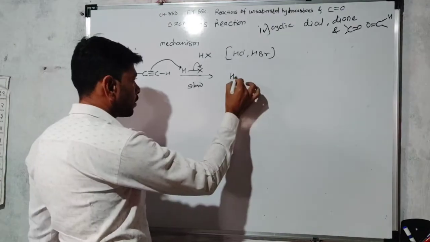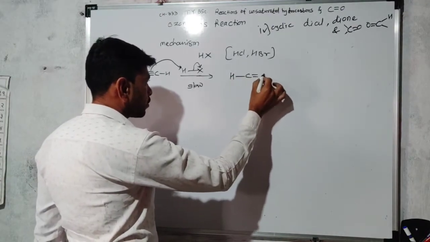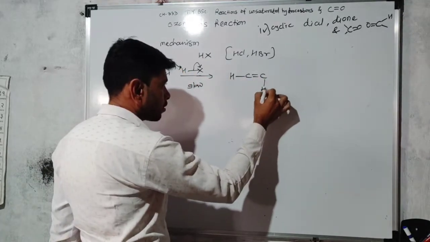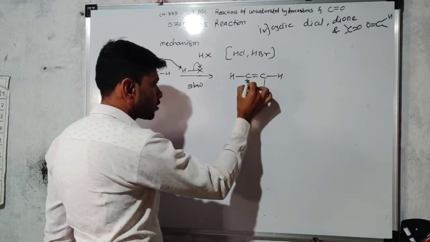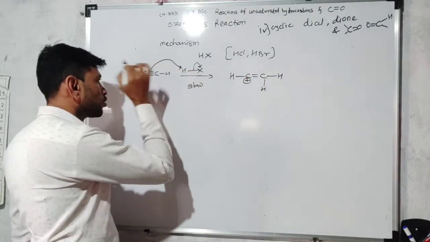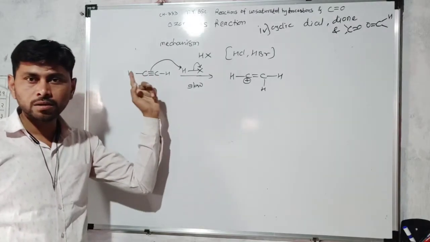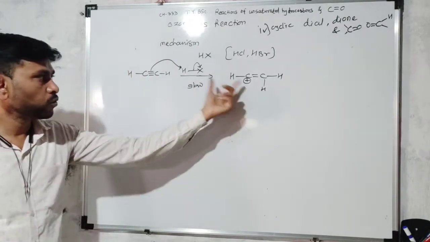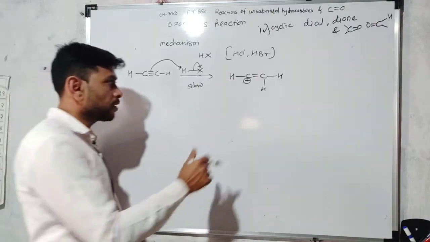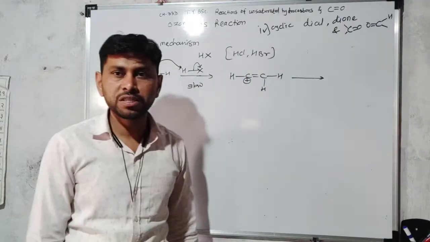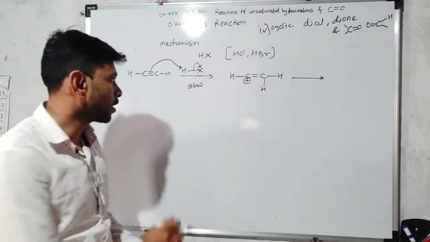When this hydrogen attaches to the right carbon, the left carbon gets a positive charge. When it attaches to the left carbon, the right carbon gets the positive charge. So one carbon is left with a deficiency, a carbocation.